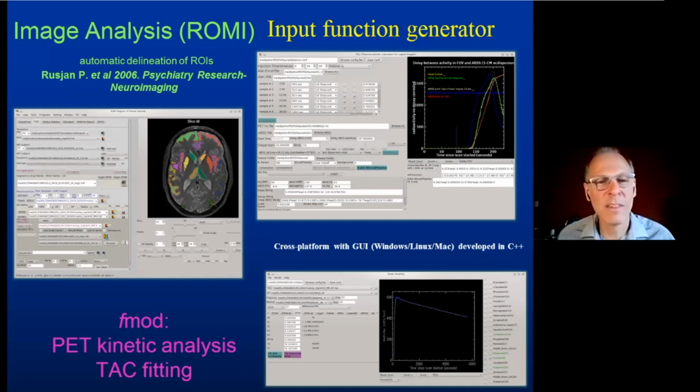But it's independent of the software. It's a step that you take after dealing with the initial quantification of the radioligand. This software, ROMI, can generate parametric maps that you can use later in the convolutional neural network to try to discover something.